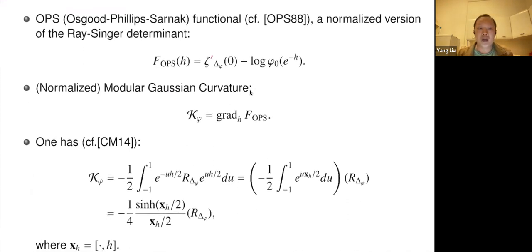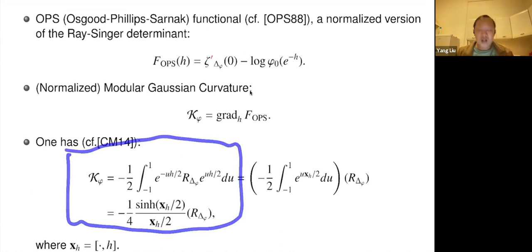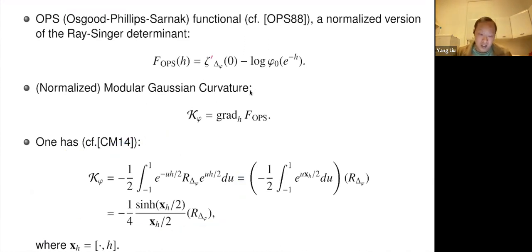In the commutative case, we know that the Gaussian curvature and the scalar curvature differ by a constant of 2. In this case, it's a little bit tricky. So that's the exact relation between this scalar curvature and the Gaussian curvature.